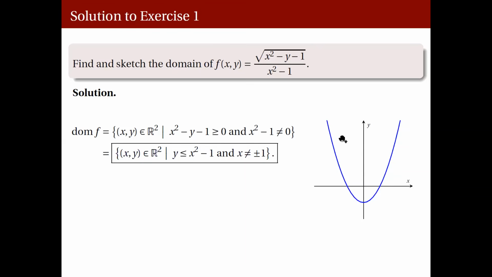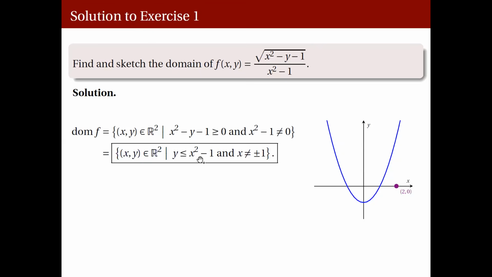Now, this curve divides the Cartesian plane into two regions, the one inside the parabola and the one outside. So to know which one we will be shading later, let's take a point on the Cartesian plane. Let's say this point, (2, 0). And let's test if it will satisfy the inequality.